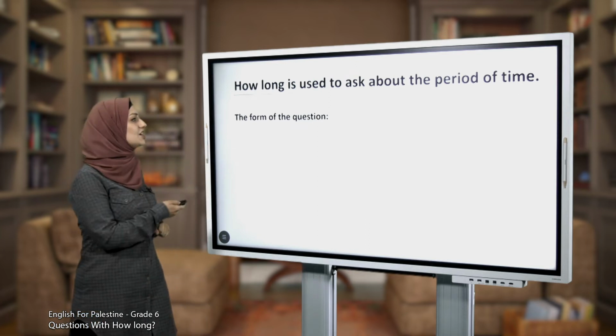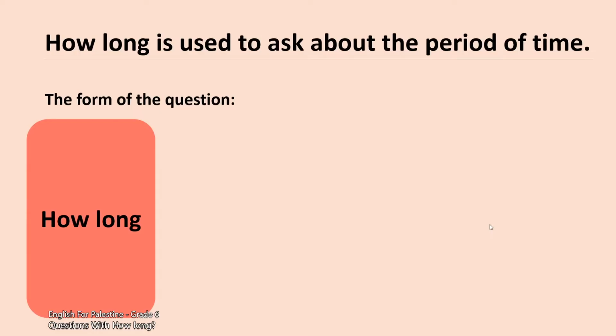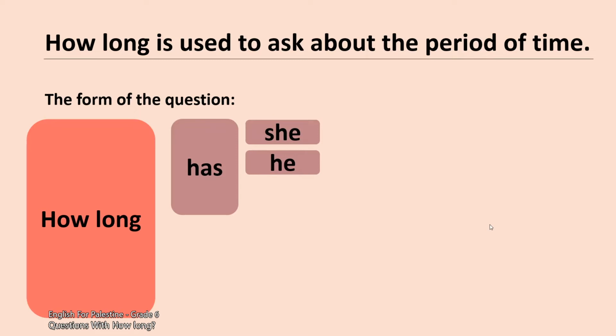Let's start learning together. To form a question using how long, first of all, we should put the words how long at the beginning of the question. Then we put has if the subject is she, he, or it.